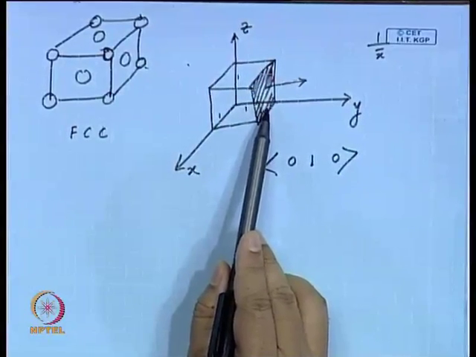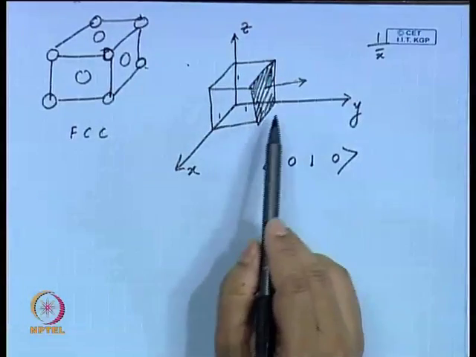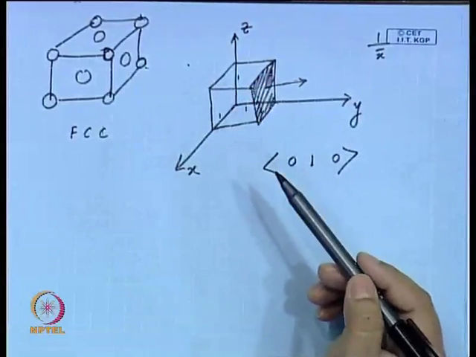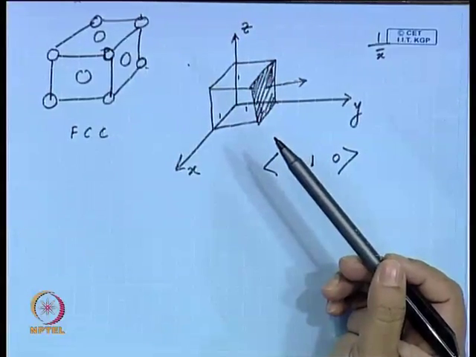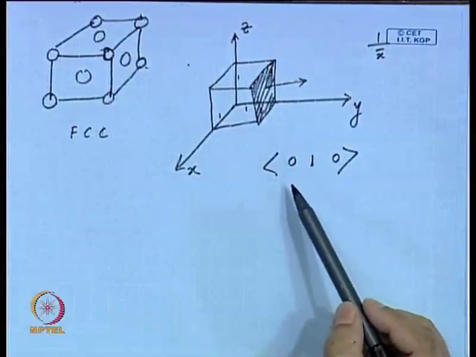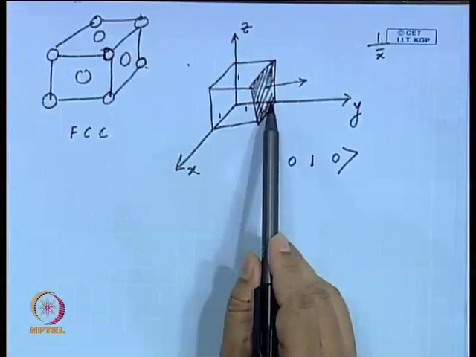All right. So, you find out at what intercept it cuts the x axis, y axis and z axis, take the reciprocal of it, and you see that the reciprocal of infinity is 0. So, you write this plane as 0, 1, 0. All right.